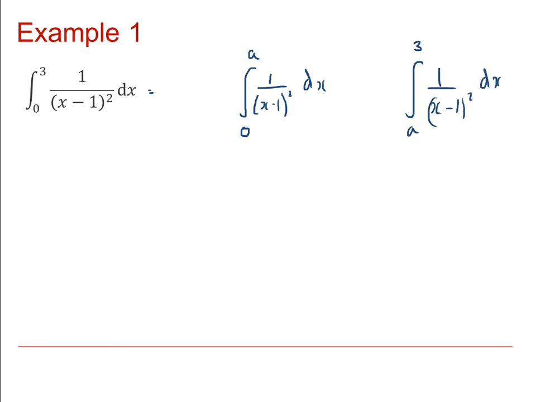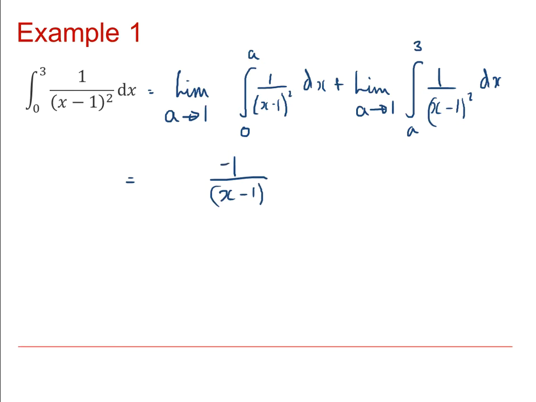We can then look at the limit as a approaches that problem value 1 of each of these, and add them together. So we can say that those are then equivalent to taking the integral from 0 to 3. Well, the integral itself becomes 1 over x minus 1 and then multiplied by negative 1.